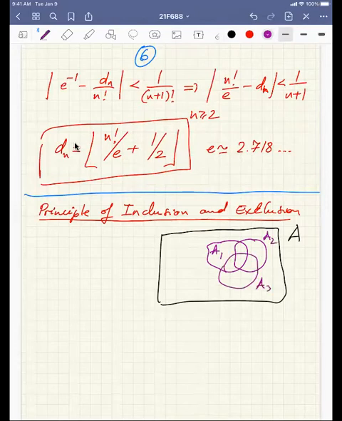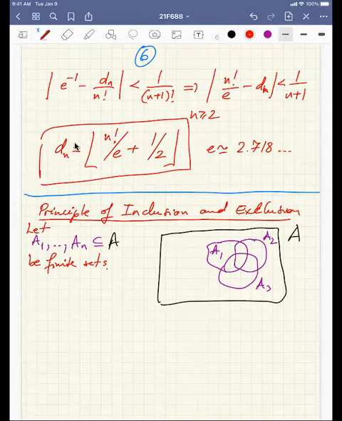Generally, you're going to have A1 through An, finite sets inside A. And what we want to count is the number of elements that are outside of these bad sets, that is, the number of elements in A minus the union of A1, A2, up to An.